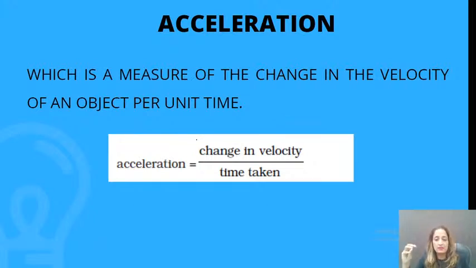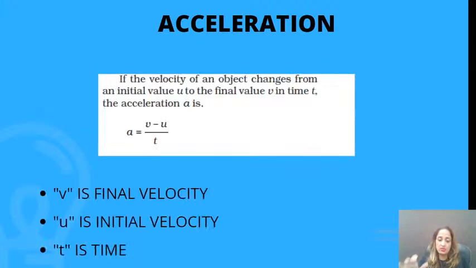Sometimes it's moving fast, sometimes it's moving slow. That means its velocity is changing every time. So this is what we call acceleration, guys. Acceleration is change in velocity over the period of time.